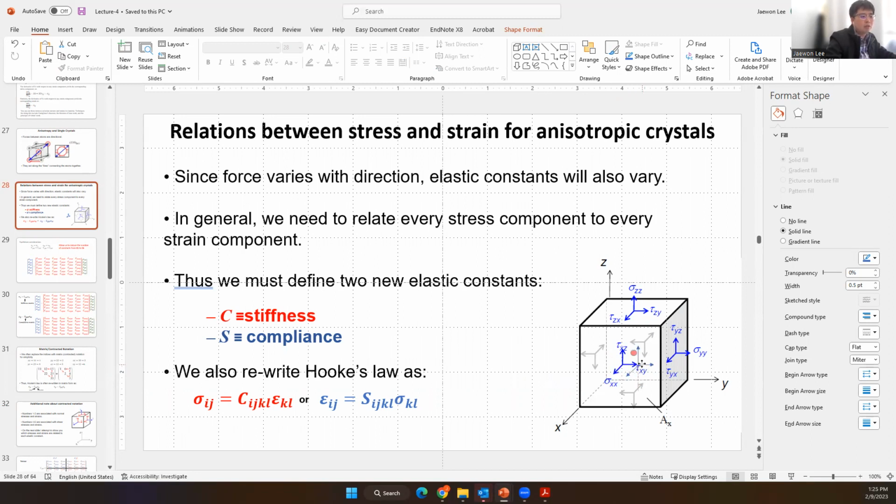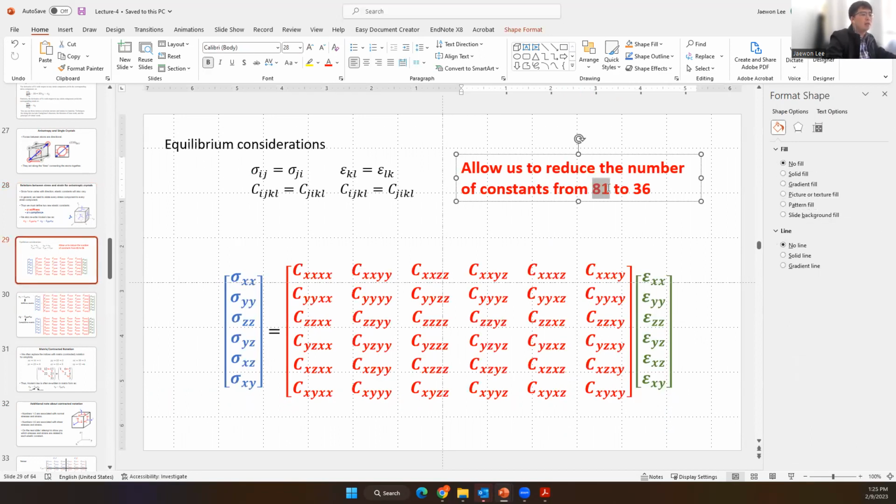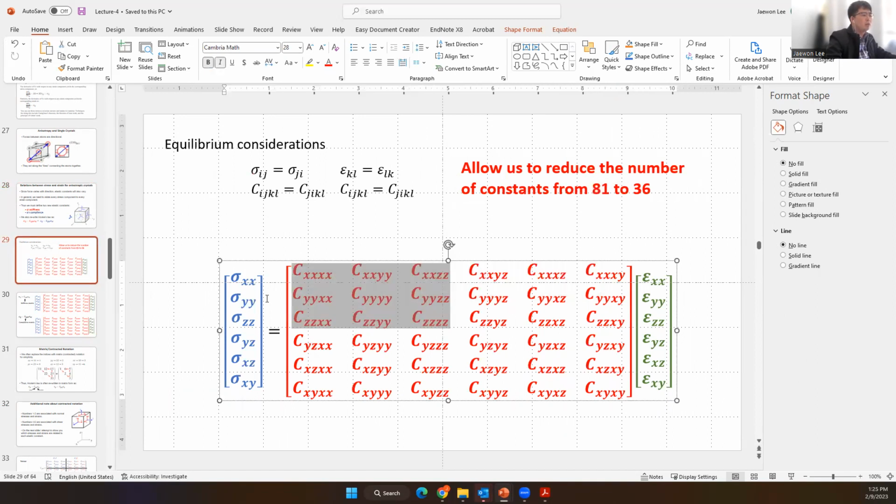Shear stress also can make xx, xy, and xz strain. They can make also xx, xy, and xz. So they have the component is 81 component.